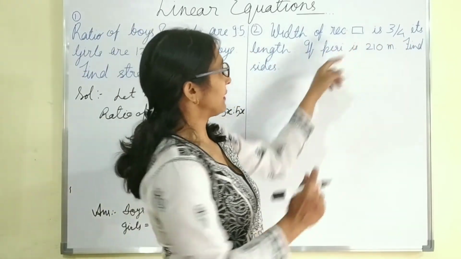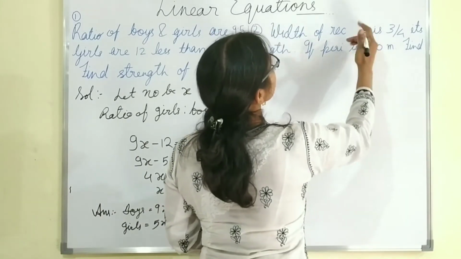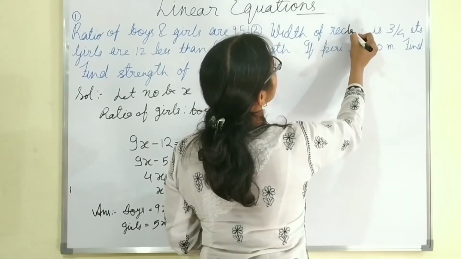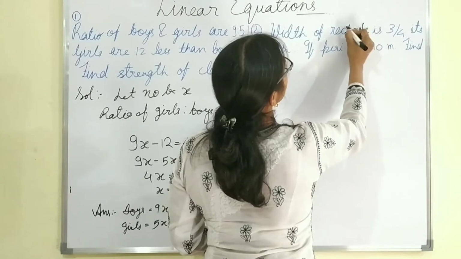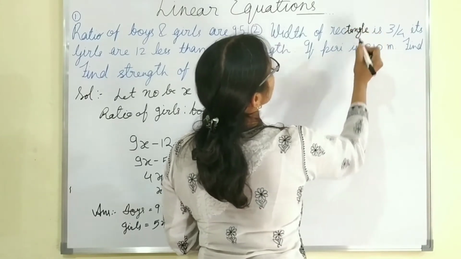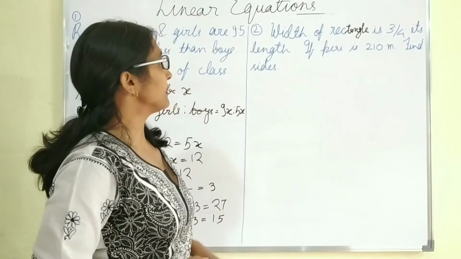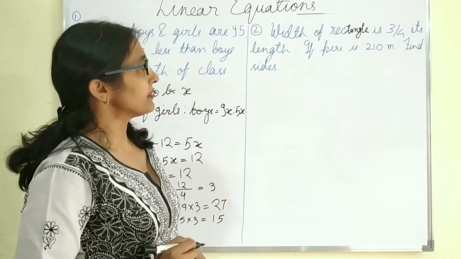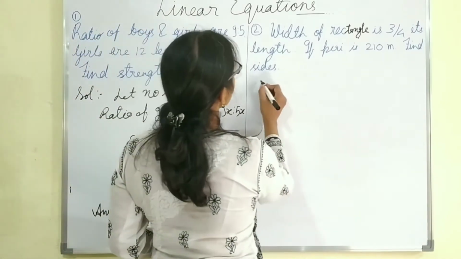Now the next question is, the width of a rectangle is 3/4 of its length. If the perimeter is 210, find the sides.